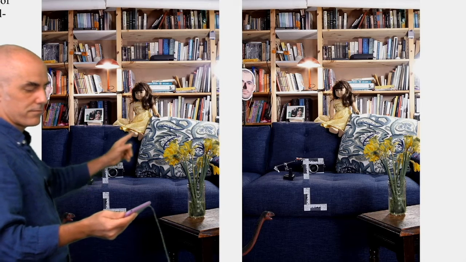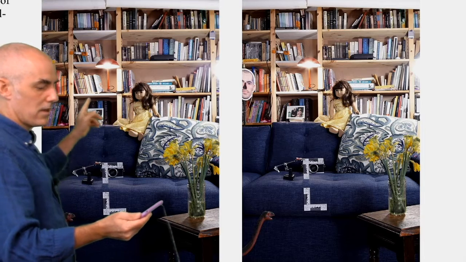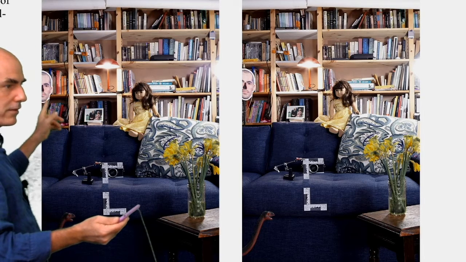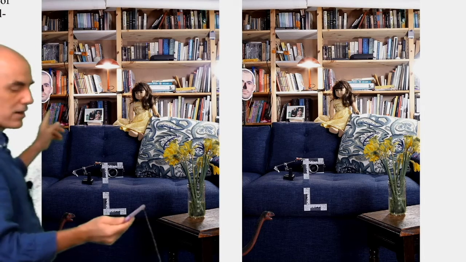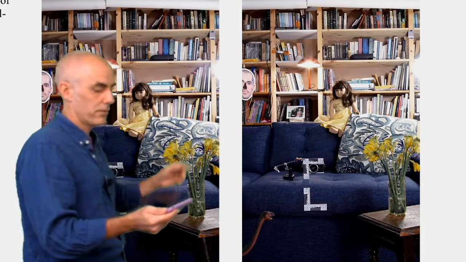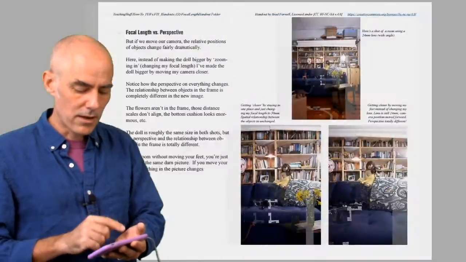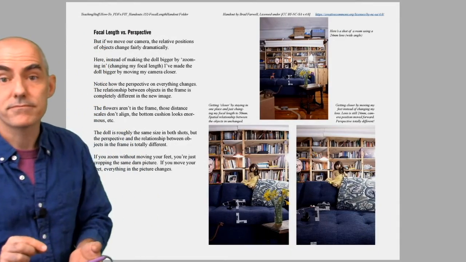The sort of doll's head is where it is. This freaky mask of myself is right on the edge of the frame. There's sort of a nice relationship between the flowers and the pillow, yada, yada, yada. So changing my focal length doesn't affect my composition. Now, what if I move with my feet?